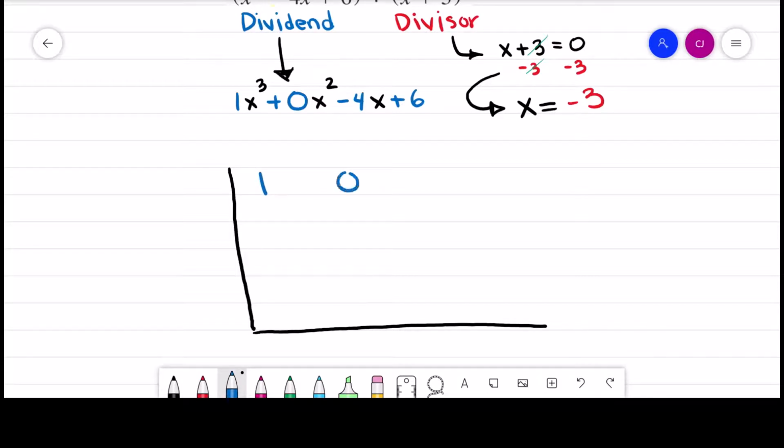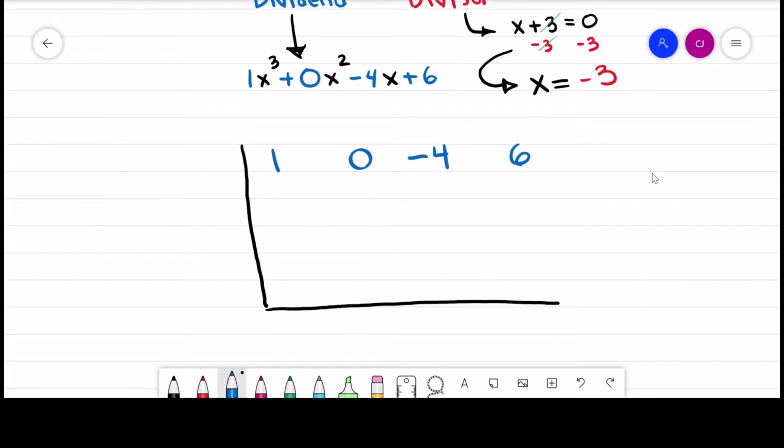I'm going to take my k value, or my x value for my divisor, and write it on the outside of my upside down division bracket.